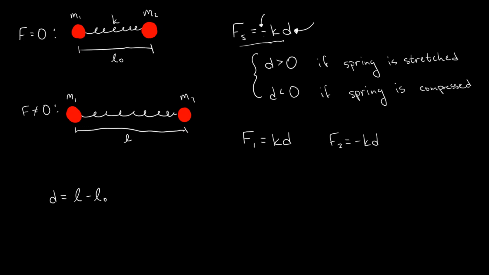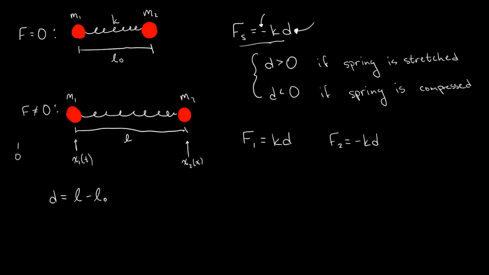So I don't know where I'm going to call my origin. Say I call my origin here. But I'll call this guy x1, and this is going to be some function of time. So this is just the position of mass 1, and this is going to be the position of mass 2, measured relative to wherever I decide to put my origin.